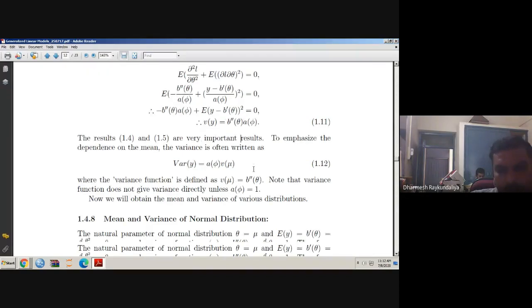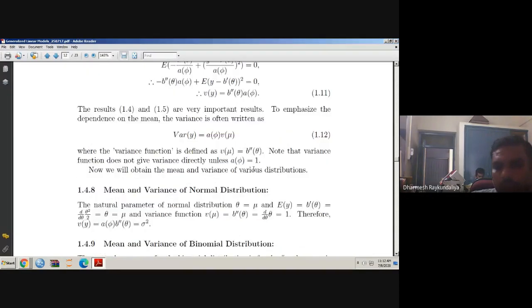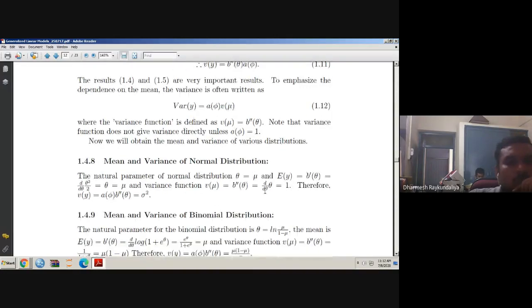Let us understand how to obtain the mean and variance for a normal distribution. We know that in a normal distribution theta equals mu, we derived this yesterday. And what is the expected value of y? It is b dash theta.